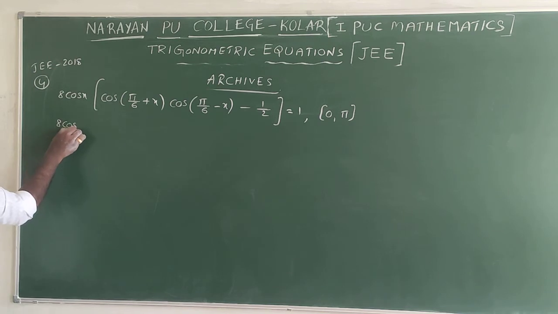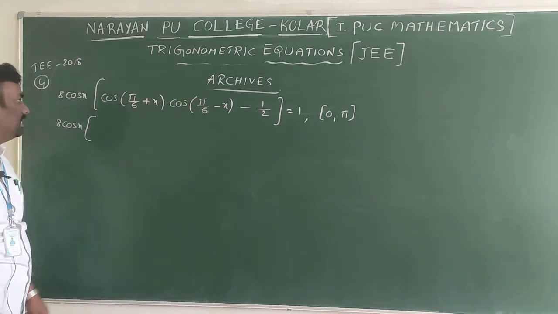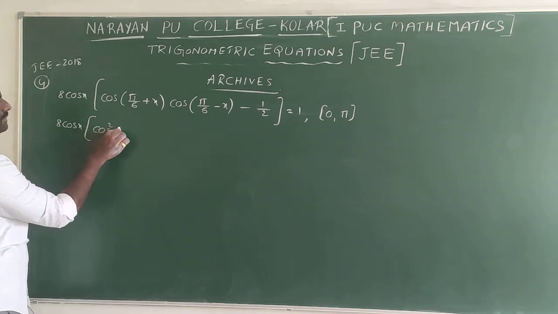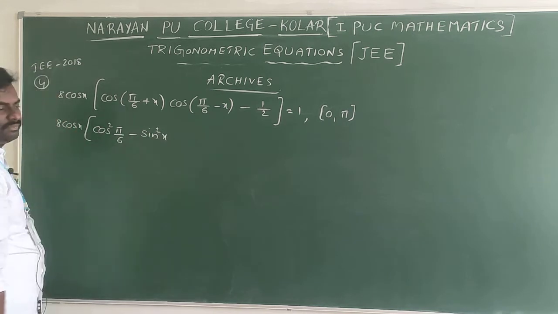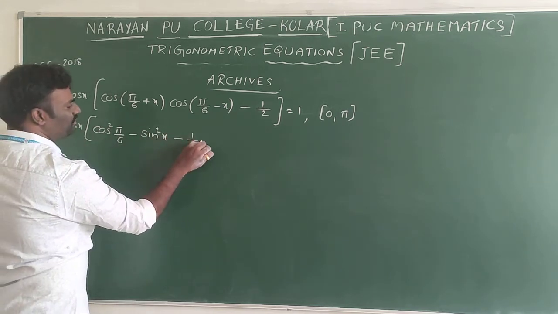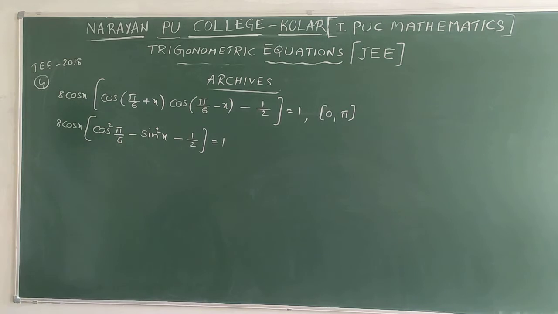8 cos x into, it is in the form of cos(a plus b) into cos(a minus b), which is cos square a minus sin square b, minus 1 by 2 equals 1.